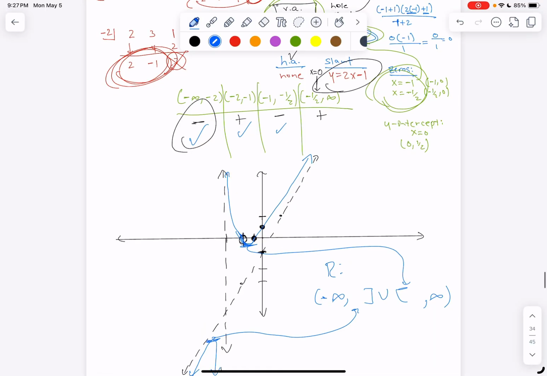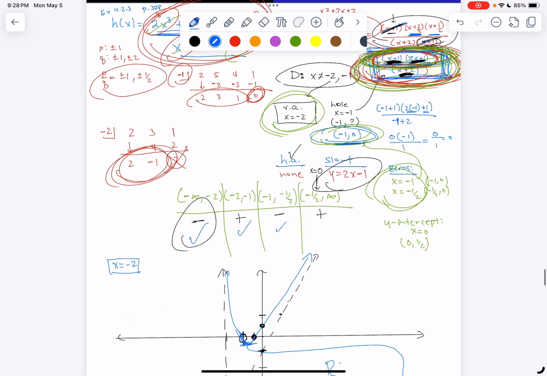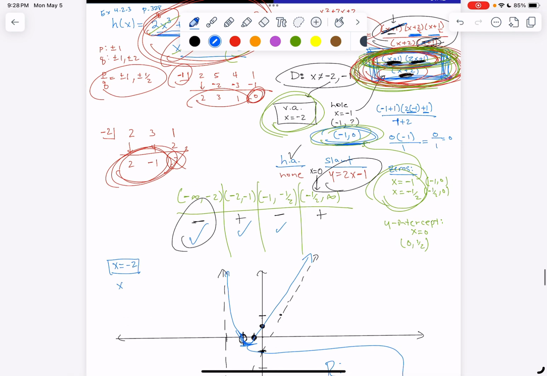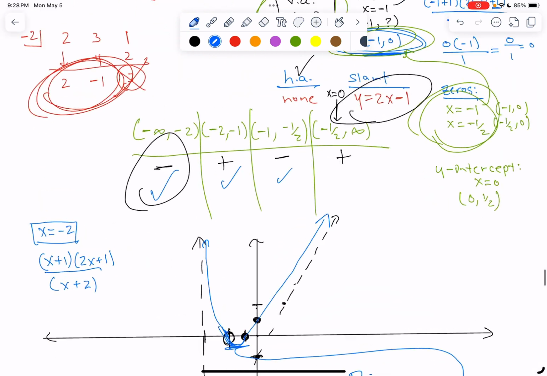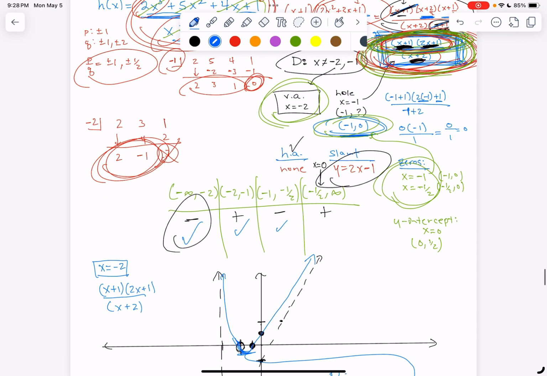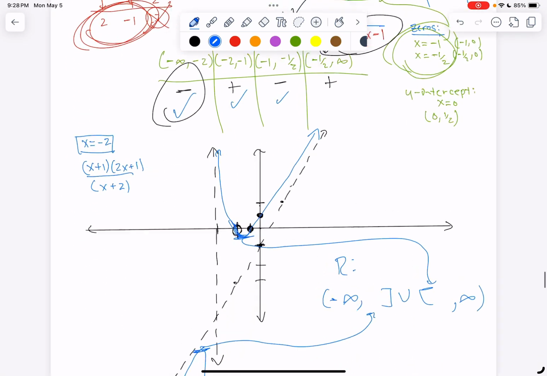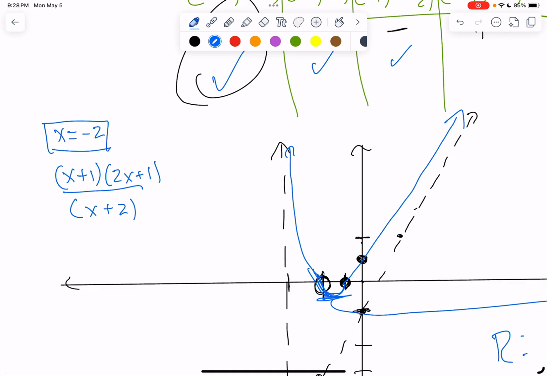When we do the VAs, so at x equals -2, remember I told you, you can take the simplified equation, which was x plus 1 times 2x plus 1 over x plus 2. And then what you can do is the limit of that.